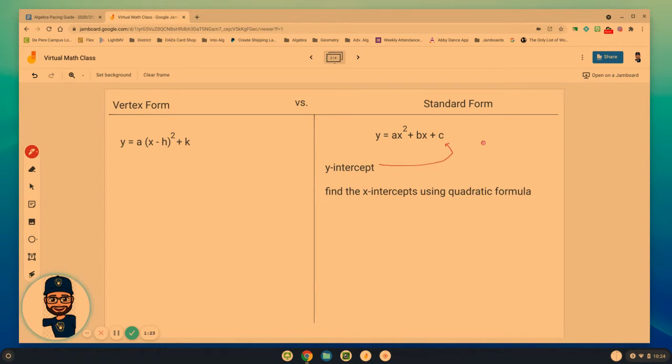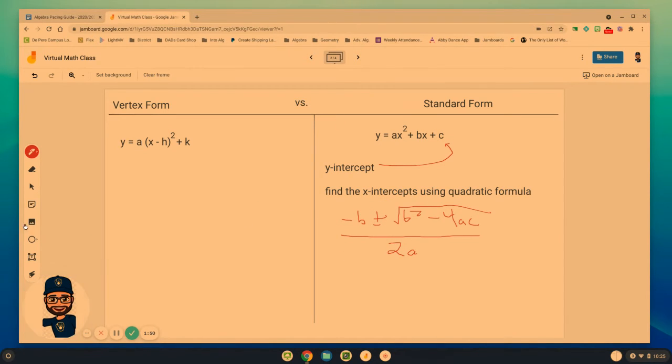That is truly the y-intercept of the parabola. And then we can use a, b, and c in the quadratic formula. Remember, the opposite of b plus or minus the square root of b squared minus 4ac, all over 2a, to help us find the x-intercepts, the solutions or the roots of that parabola.